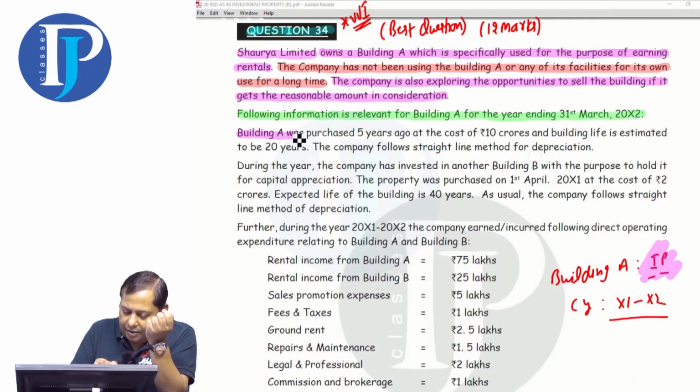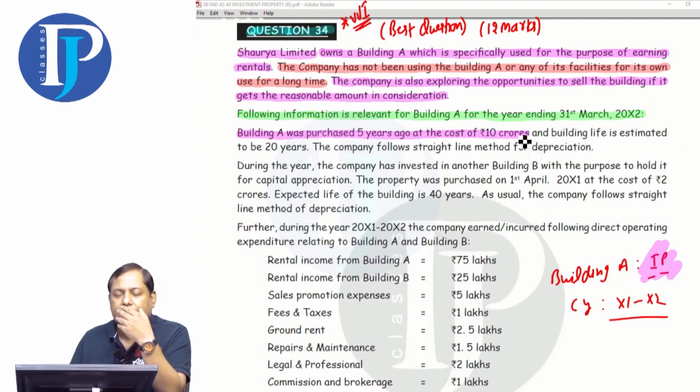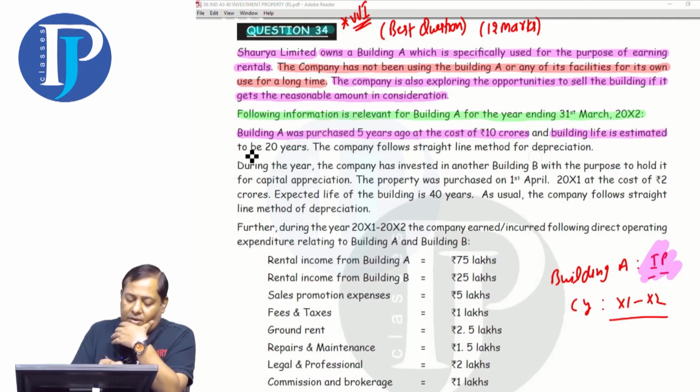Building A was purchased 5 years ago at a cost of 10 crores. So here the building was purchased 5 years ago for 10 crores, and the life of the building is 20 years.